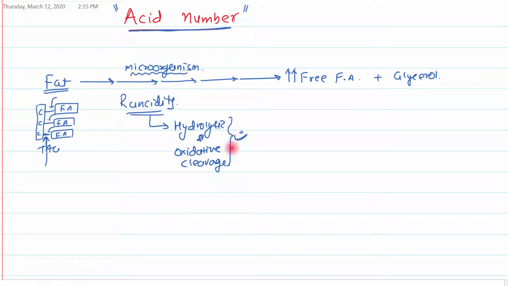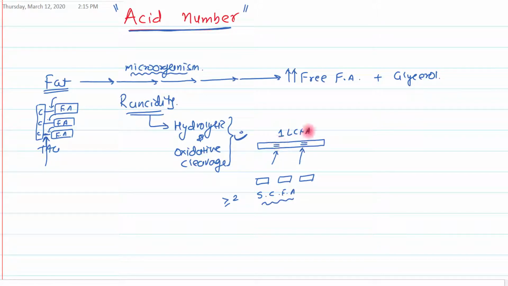The second thing carried out by this hydrolytic and oxidative cleavage is that if you have a long chain fatty acid that is unsaturated, that means there are double bonds in it, these double bonds are susceptible to hydrolytic and oxidative cleavage. So this one long chain fatty acid is converted to 2 or more short chain fatty acids.